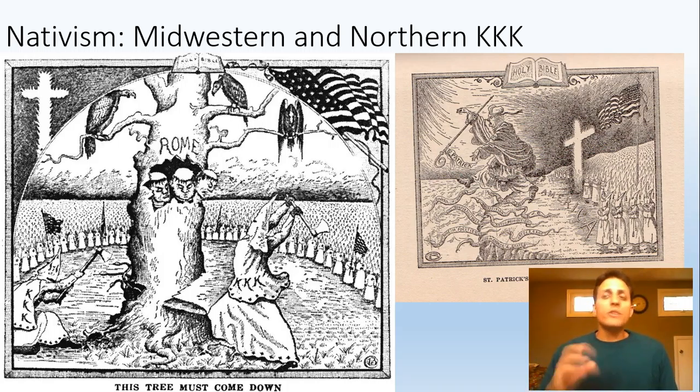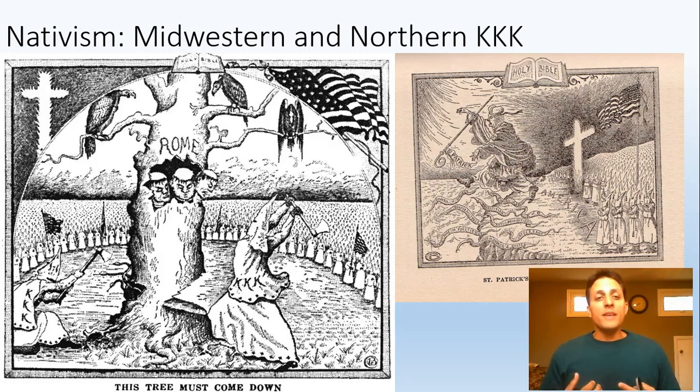The KKK is a Reconstruction paramilitary organization from the South, and they were originally designed to keep African Americans from getting their rights, inflict violence on African American communities in the South, and resist the Northern attempt to reconstruct the South. But in the 1910s and the 1920s, they're going to put a new face on, and widen their umbrella to encompass anti-immigrant ideologies and anti-Catholicism.